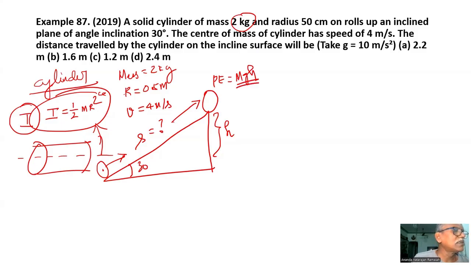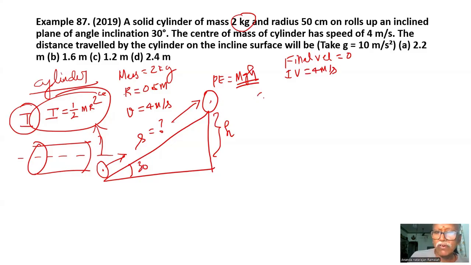Because its kinetic energy is spent. Its velocity becomes 0 at the top, till that it will rise. So final velocity equal to 0, initial velocity equal to 4 meter per second.